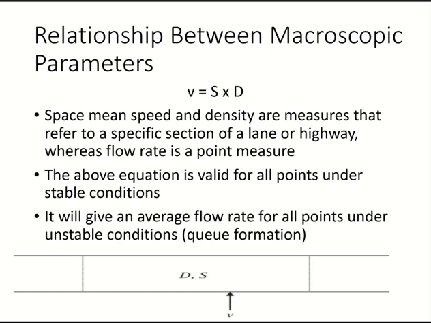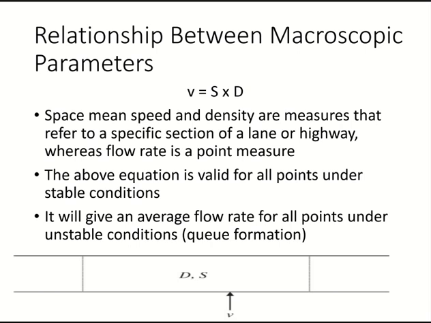For example, let's say this is my section and there is an entry point. Some people will enter from here, and when they enter, the flow will change. Got it? So even if the speed and density don't change, the flow is not the same.